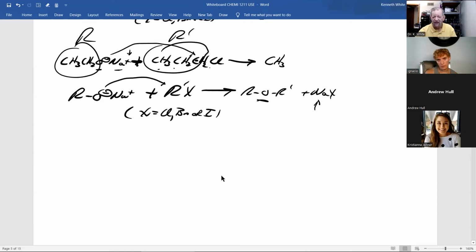Do you break carbon-carbon single bonds? No. You have an oxygen. What's R prime? Notice the end carbon of 3 carbons is bonded to the chlorine, which will now be bonded to the oxygen. And you've just made ethyl propyl ether.